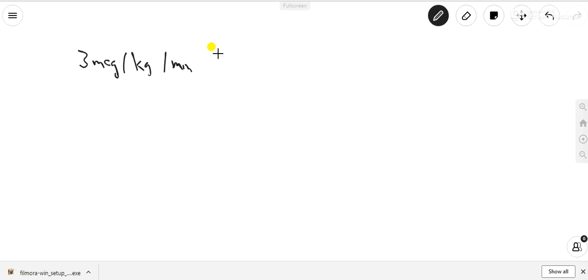Okay, so what we've got to do first is convert this 3 micrograms into milligrams. So we're going to set up a ratio and proportion to do this. First, we'll rewrite this the way we just explained.